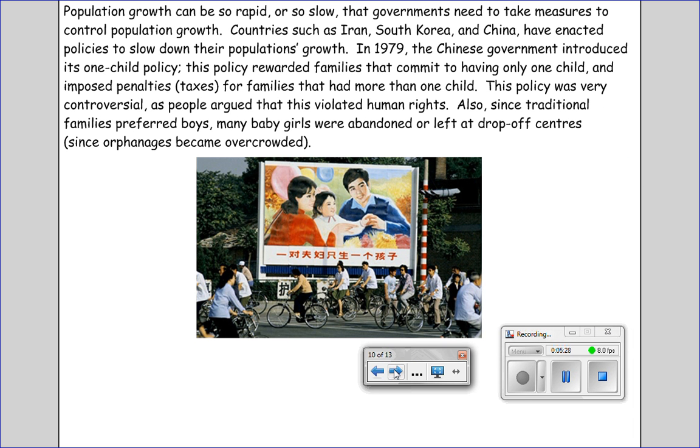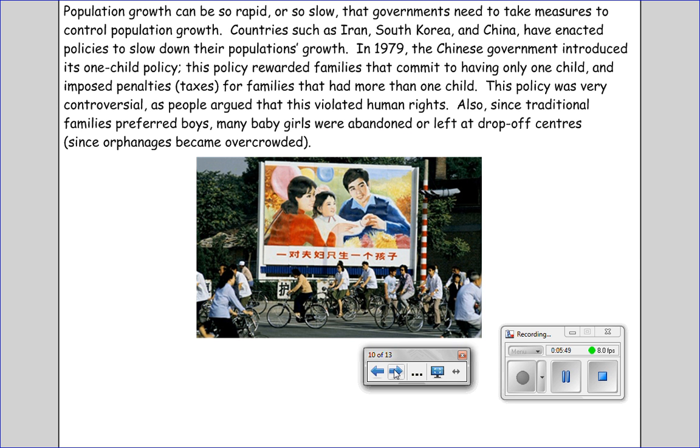Population growth can be so rapid or so slow that governments need to take measures to control population growth. Countries such as Iran, South Korea, and China have enacted policies to slow down their population's growth. In 1979, the Chinese government introduced its one-child policy.